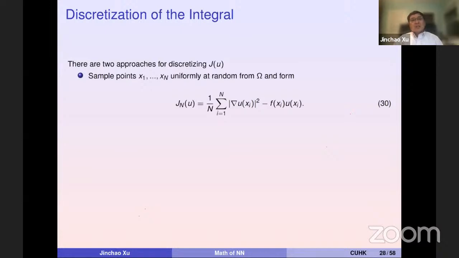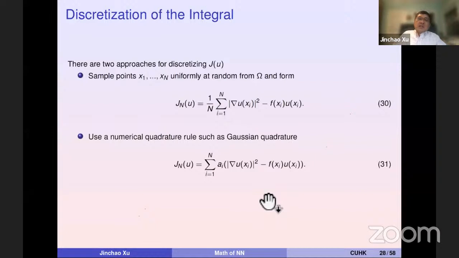In most of the machine learning, neural network literature, people choose to use random sampling, like Monte Carlo, for example. Or if you were a numerical PDE person, why don't we use Gaussian?